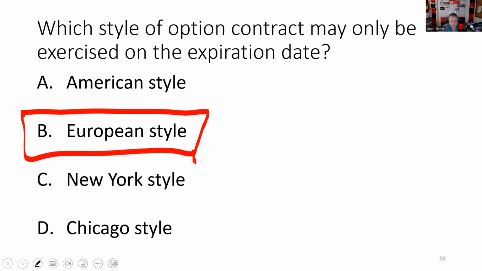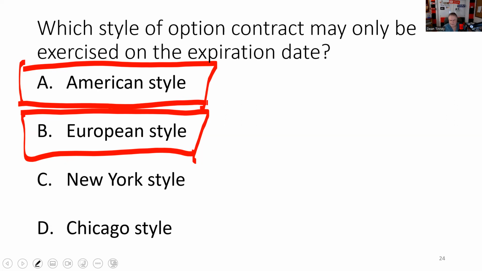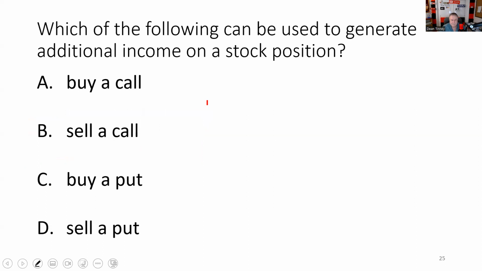The holder can only make you perform on the expiration date. At that point, you might have a problem if the contract's in the money or has intrinsic value. But you definitely should be able to distinguish between American style and European style on your SIE exam. The answer to this is B, European style.